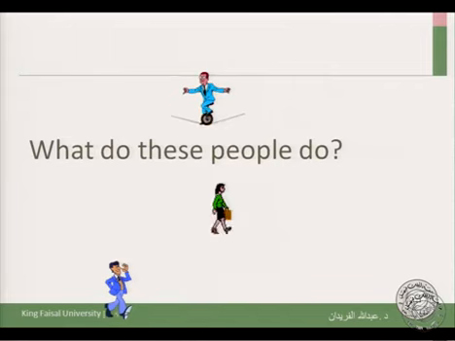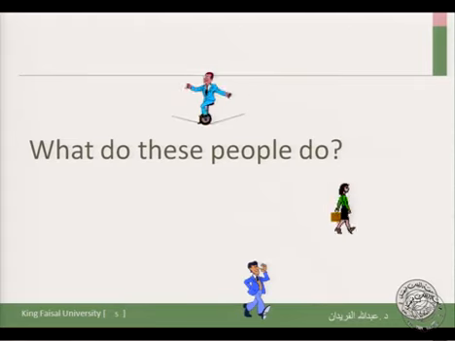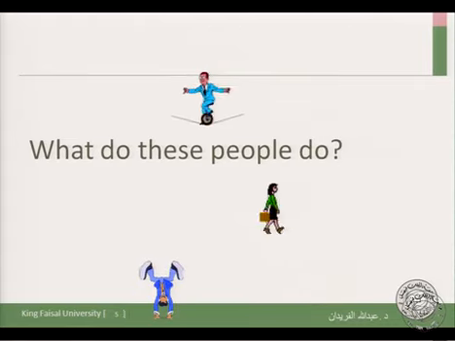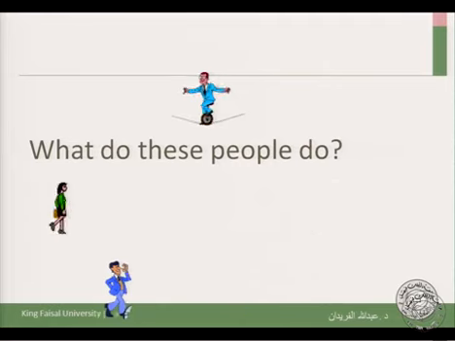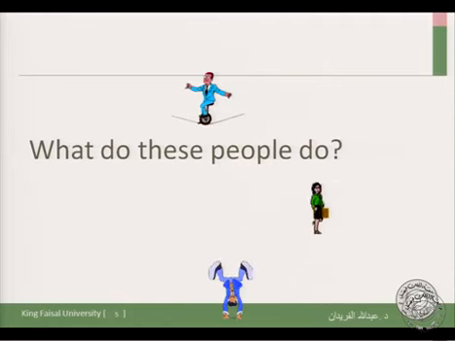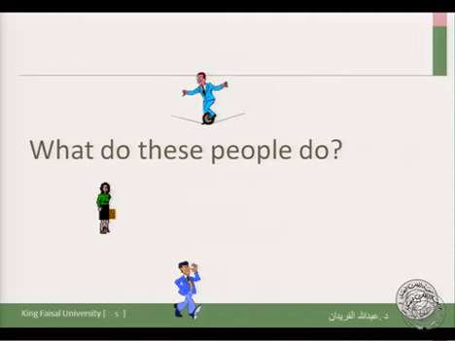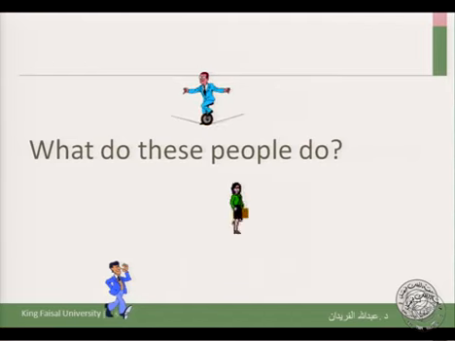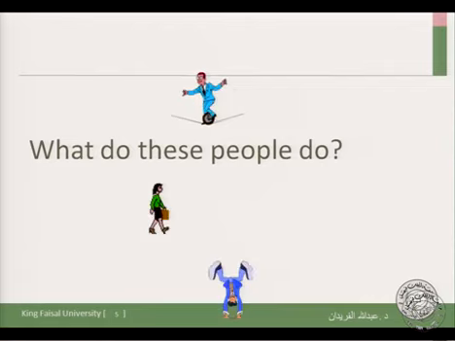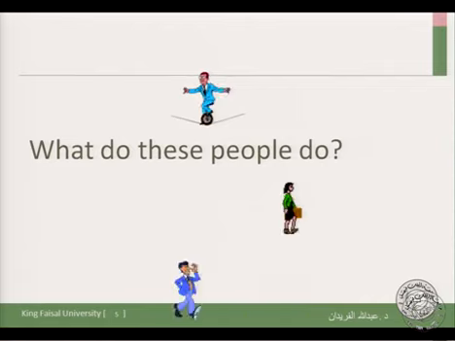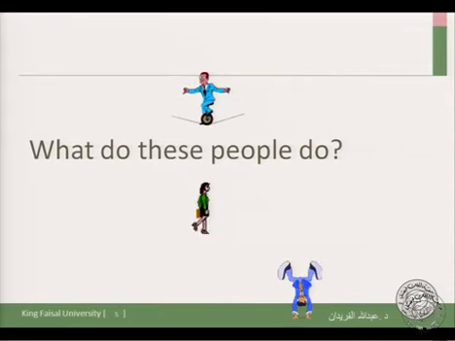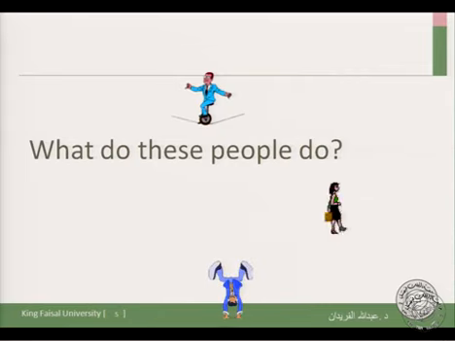Now they are doing these things, but every day this gentleman plays on this wheel, or this woman goes to work every day, and this other gentleman plays every day because probably he works in a circus or something.